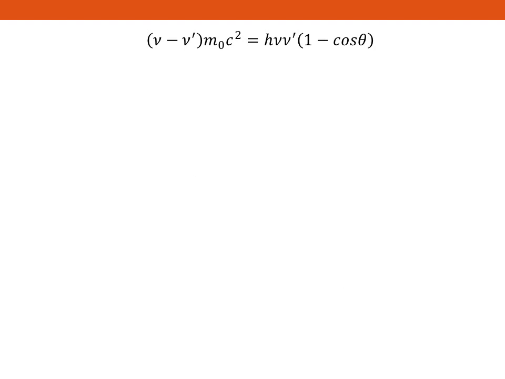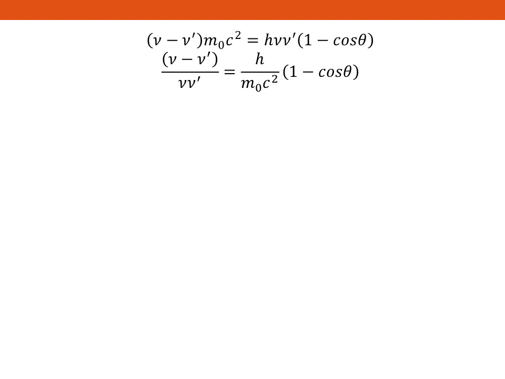Cancellation of 2h on either side gives us (ν − ν′)m₀c² = hνν′(1 − cos θ). We now do a small cross multiplication, taking νν′ which is there on the RHS to the LHS and m₀c² which is present in the LHS is taken to the RHS.